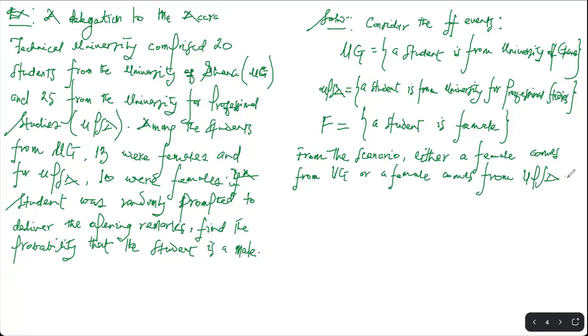if you take a female student out of the delegation, it is not possible to say that, okay, you're a female student, you come from UG, and at the same time, you come from UPSA. It's not possible, right? You have to come from either one of them, right? So that's what I'm saying. So let me write it down.